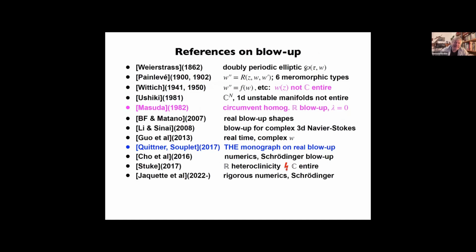So they study these equations in real time, but for complex W. For complex W, you can decompose into real and imaginary part, like I did for the ODE, and you get a parabolic system, u_t = u_xx + u² − v², and v_t = v_xx − uv.